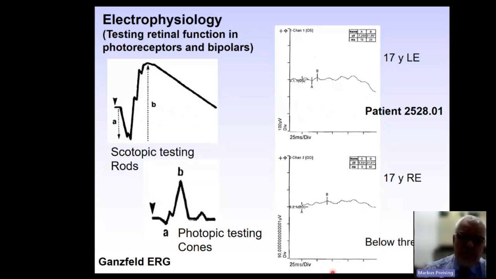And as you can see here, in the example on the right side, in both eyes, you have lost the A wave and the B wave compared to the normal responses of the electrophysiology testing.